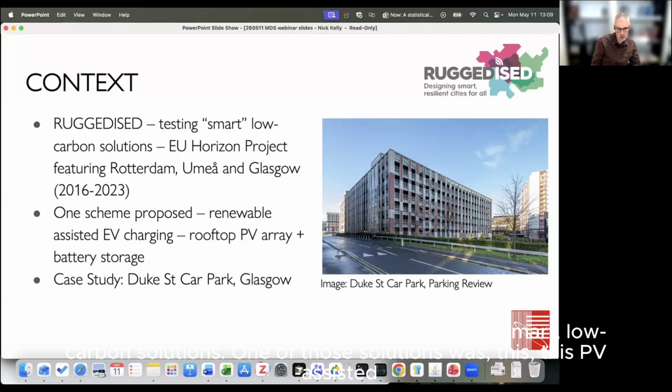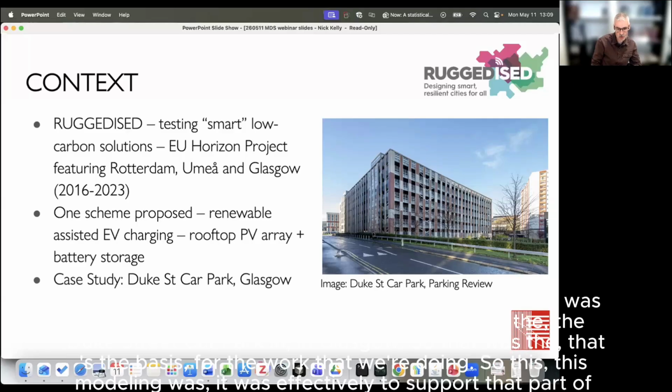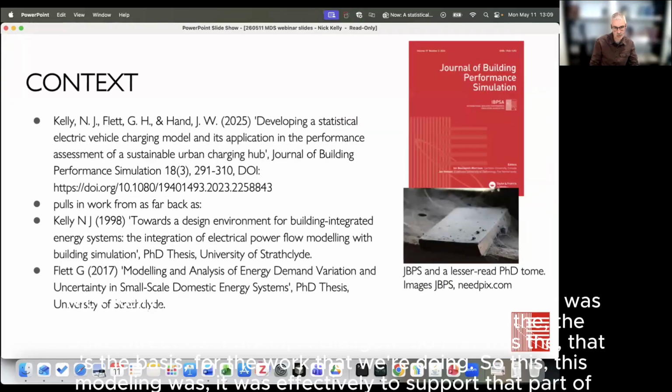One of those solutions was PV assisted electric vehicle charging, which was trialled in this glorious building here, the Duke Street car park in Glasgow. So that's the basis for the work that we're doing. This modelling was effectively to support that part of the project.